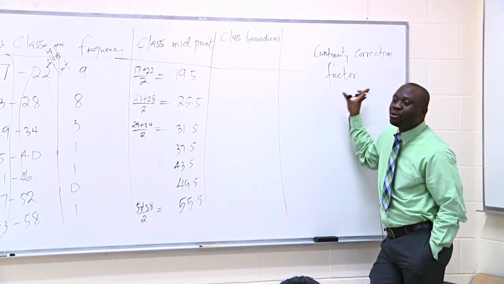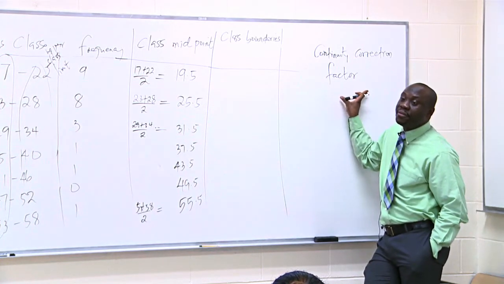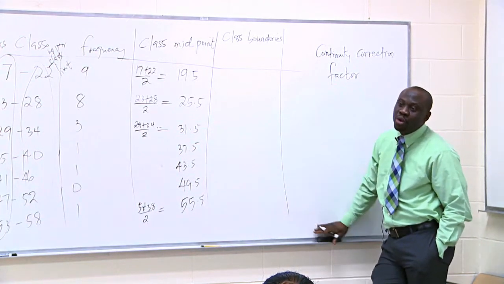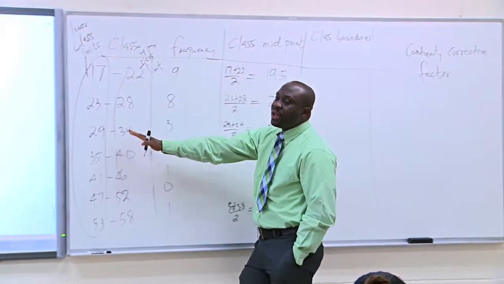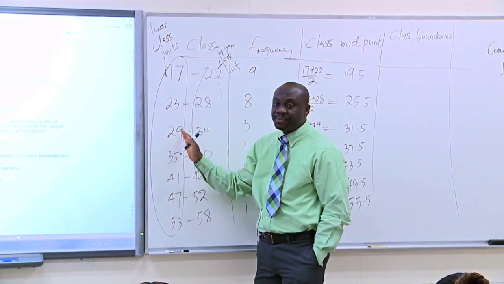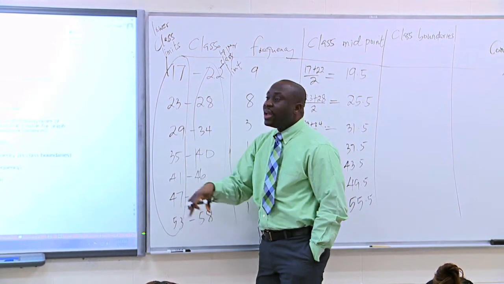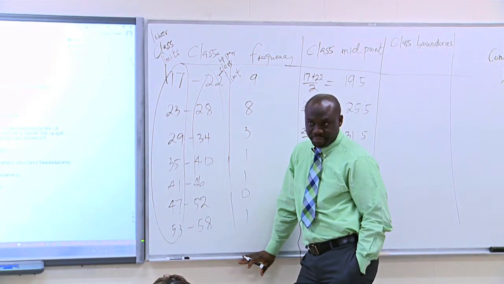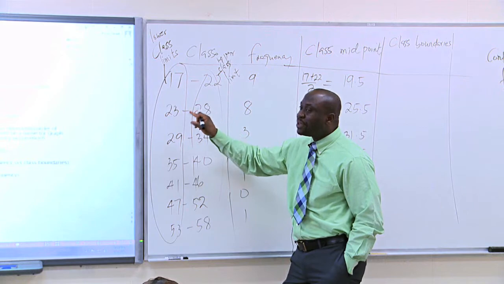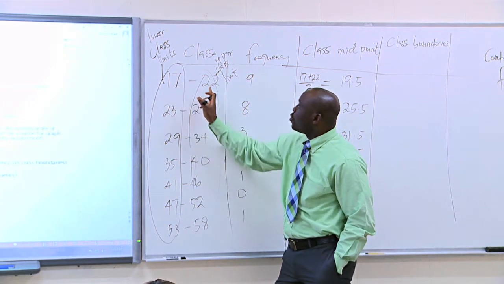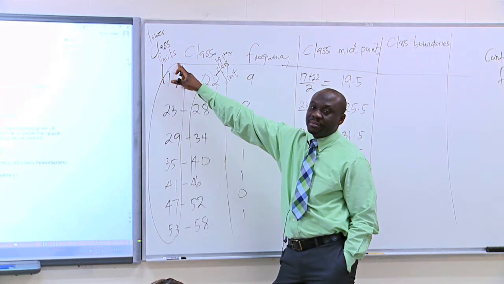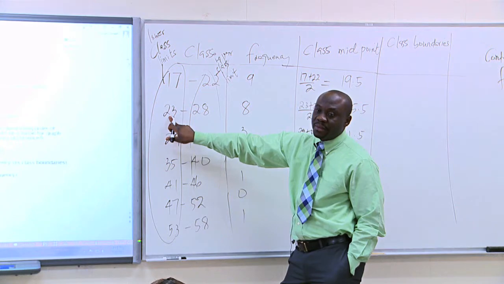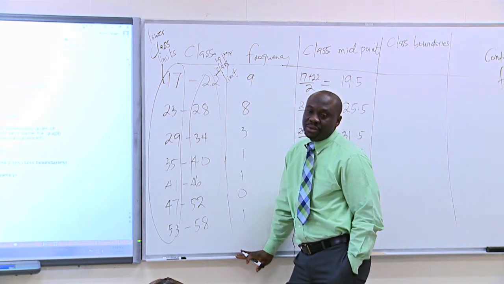The question is, how do we compute this continuity correction factor? Simple. I'll do an example before we put that in words. If I want to find the continuity correction factor, the only thing I have to do here is to pick any of these upper boundaries and then subtract the preceding lower limit, or you could pick this lower limit and then the preceding upper limit.